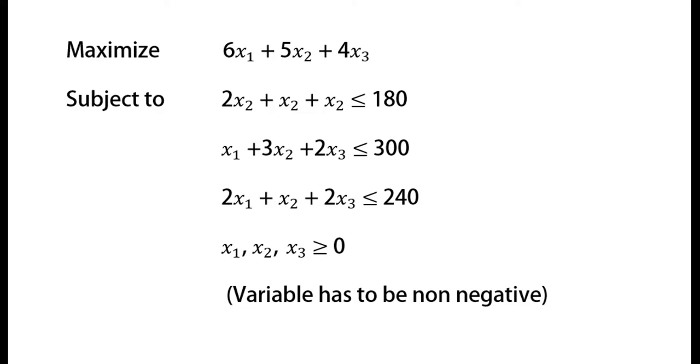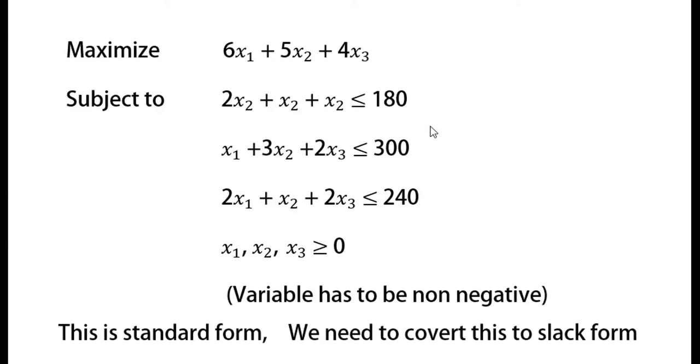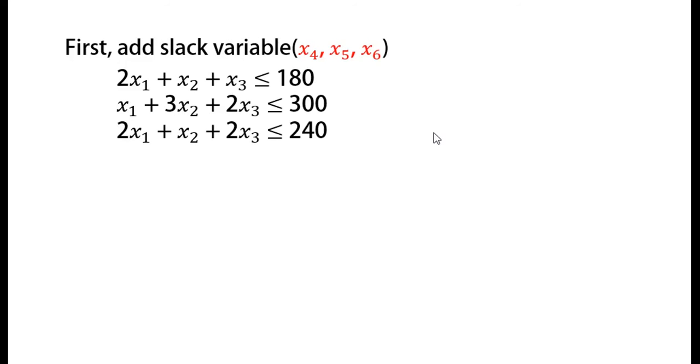For now, we will talk about slack form. As you can see, this is standard form. All variables are non-negative, but for the simplex algorithm, we need to convert standard form into slack form. To do this, we need to introduce slack variables.